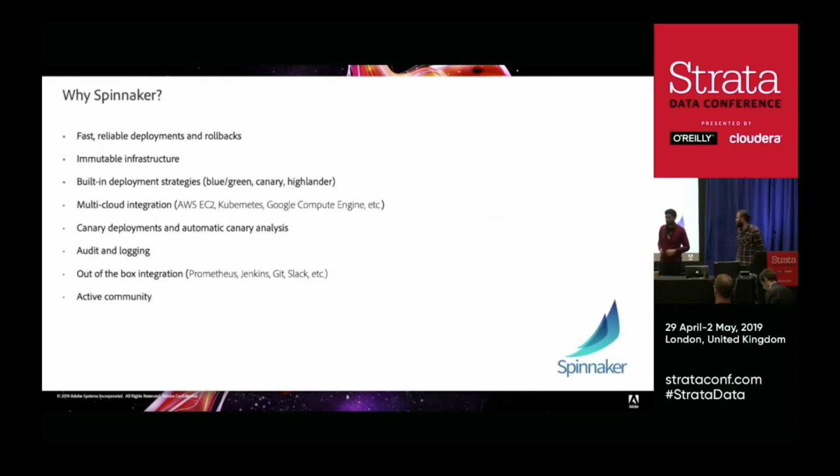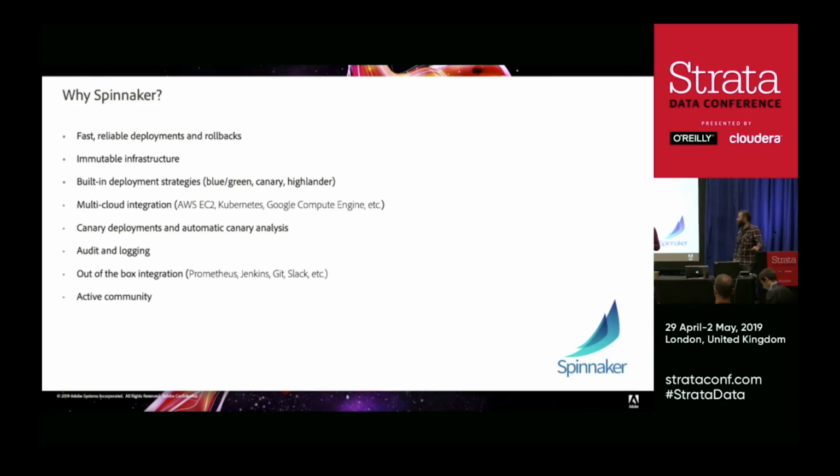To that end, we looked at some open source solutions. One of them is Spinnaker, which was actually developed by Netflix and Google, and it was a very easy to use tool for us because it allowed us to take this existing application, perform little to no changes to the actual app, and deploy it using Spinnaker.